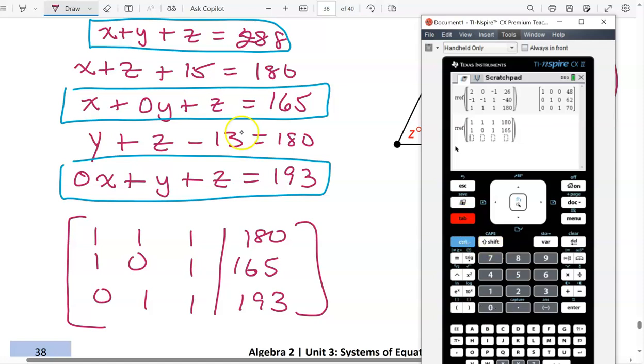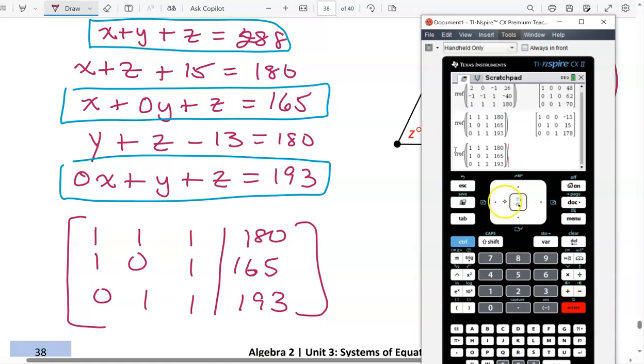And across the bottom row, 0, 1, 1, 193. And I'm getting some answers that I don't quite believe there. I'm just going to check to see if I have mistyped anything. And of course I did mistype something, so I'm going to go back and correct it.